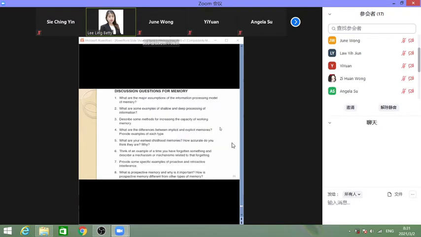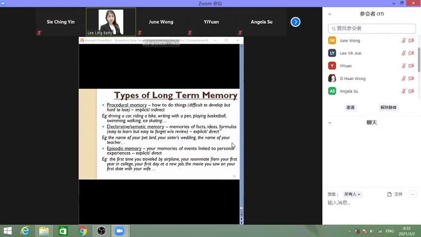So, long-term memory revision: procedural, declarative, and episodic. If it is regarding your personal events, your experiences, it will be episodic. If it is regarding facts, data, information, formulas, whatever, this is called semantic or declarative.